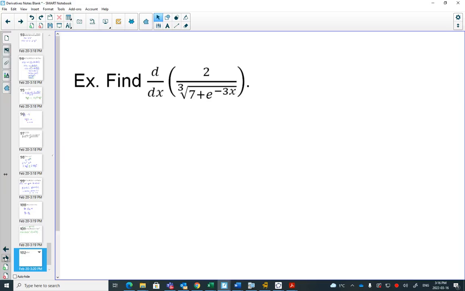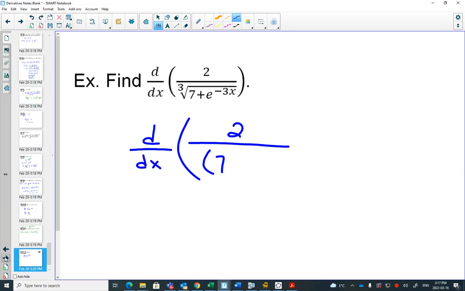Okay. Preliminary work. Before we can start, we see our cube root, sorry. We see the radical. What are your feelings? Quotient rule?